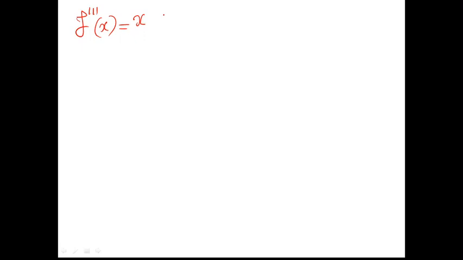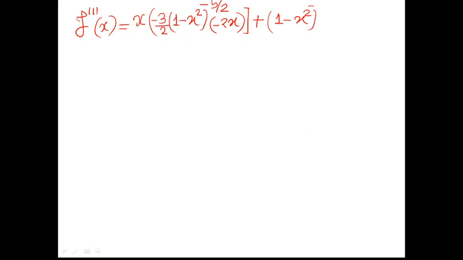Now derivative of 1 upon 1 minus x square to the power 3 by 2 will be nothing but minus 3 by 2 into 1 minus x square to the power minus 3 by 2 minus 1, that is minus 5 by 2, into minus 2x. So differentiation of second term is over. Now differentiate x, which is 1. Then what we have? 1 minus x square to the power minus 3 by 2.